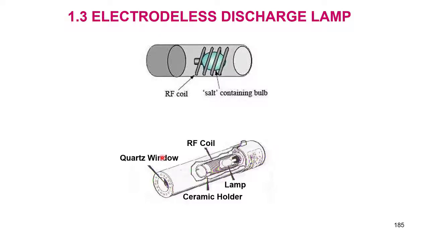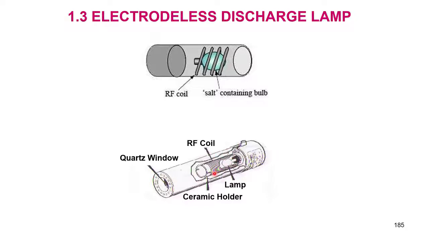So, as the name suggests, there are no electrodes in this. What we have is a quartz window on this side. You can see the plain portion of this region, that is a quartz window, and this is an RF coil, radio frequency coil, wound around a ceramic holder.